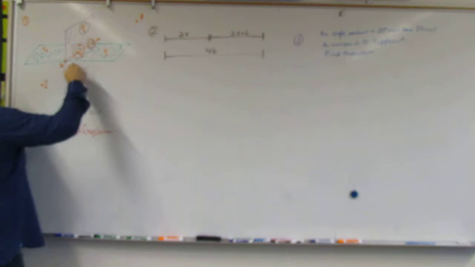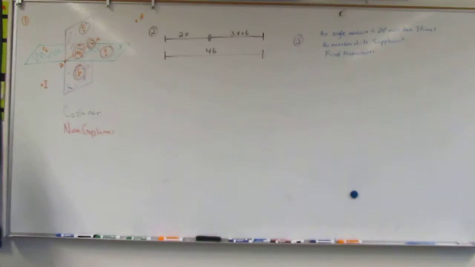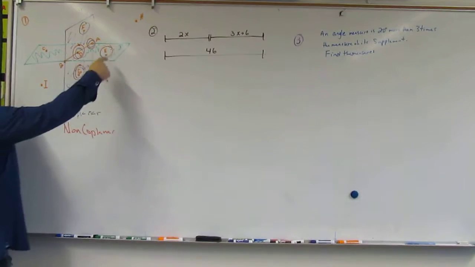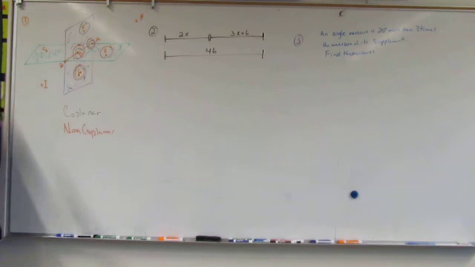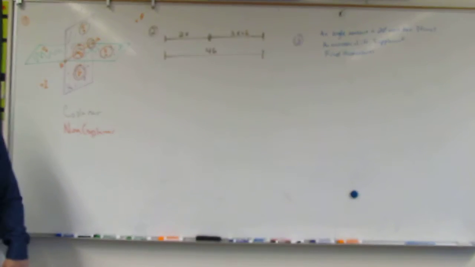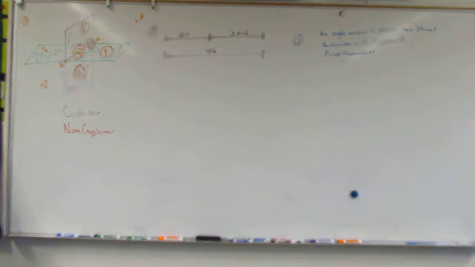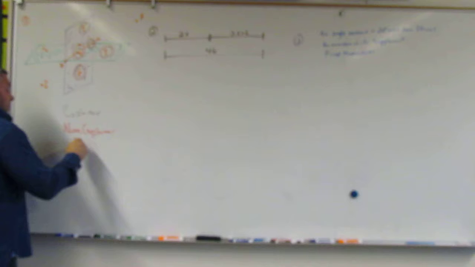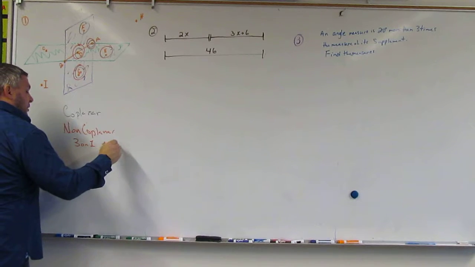And I could still use one of these, but then I have to choose something off of that plane. It could be this, it could be this, it could be this, but it has to be something not on the purple. Okay? Now I could have used 3 on the green and 1 on the purple. Okay? So non-coplanar is 3 on one and 1 on another.